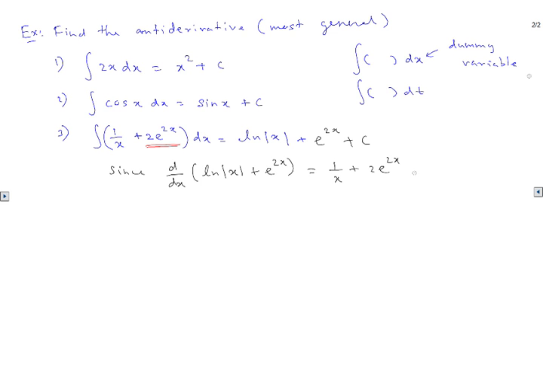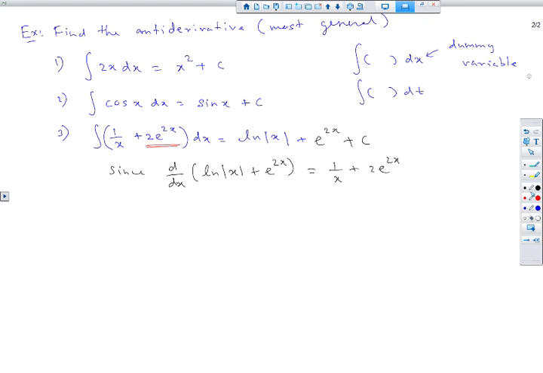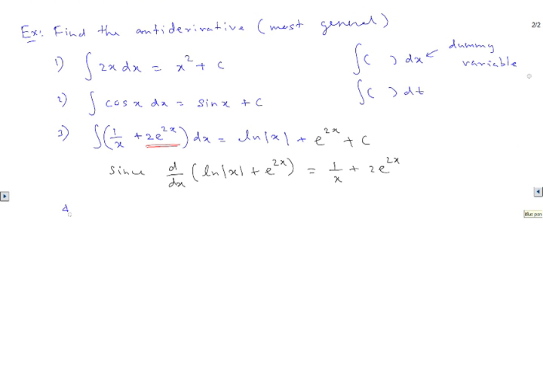How about a function like this? Number 4, the antiderivative of sine 2x dx.